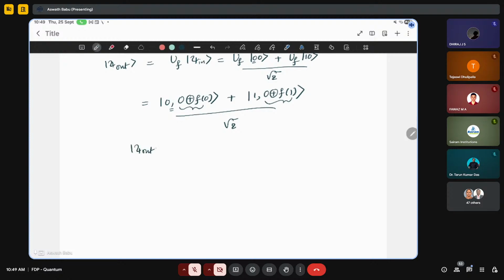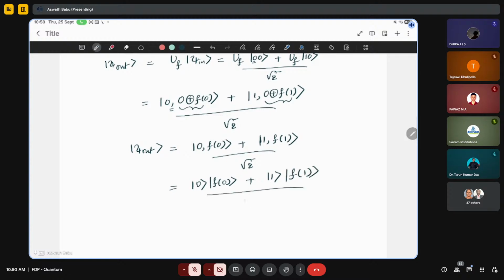I'll have psi out equal to 0 comma f of 0 plus 1 comma f of 1, divided by square root of 2. If you want, you can show them as 0 f of 0 ket plus 1 f of 1 ket, divided by square root of 2.